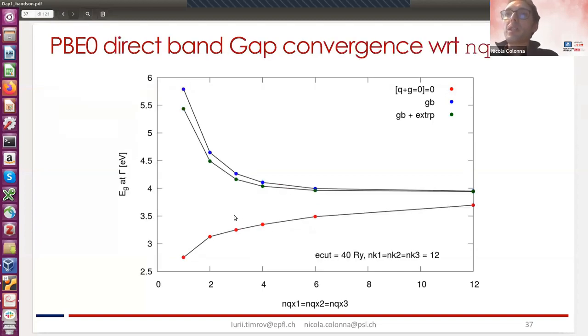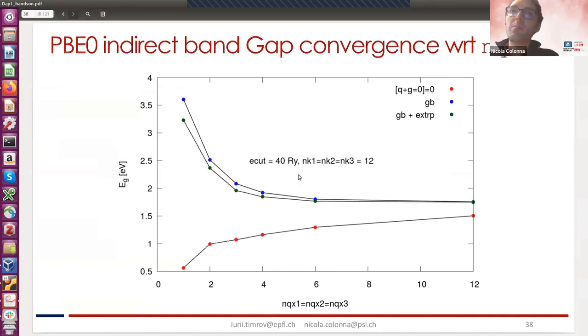And the same is true for the band gap. So this is the direct band gap at gamma. So if you don't put any correction, you converge very slowly. With this scheme, you are much faster in converging. Okay, sorry, this was for the direct gap at gamma. The same is true for the indirect gap at gamma.